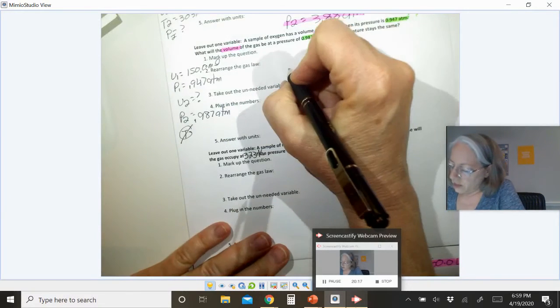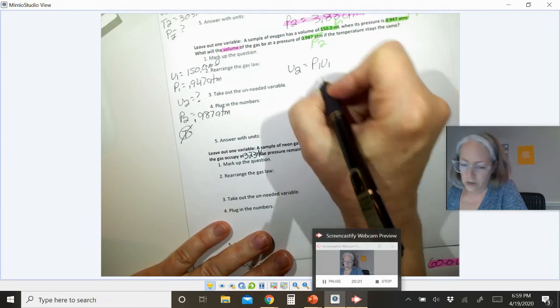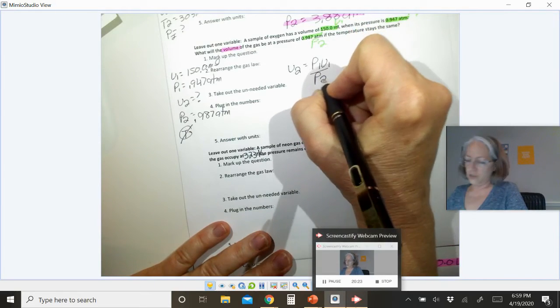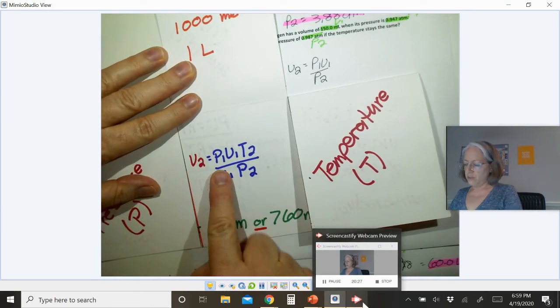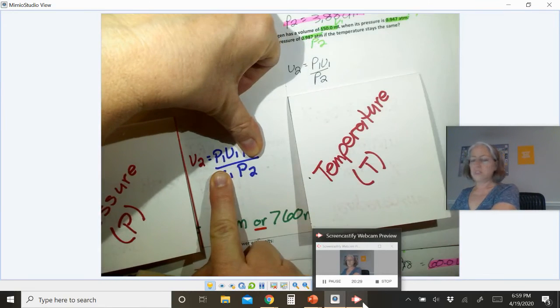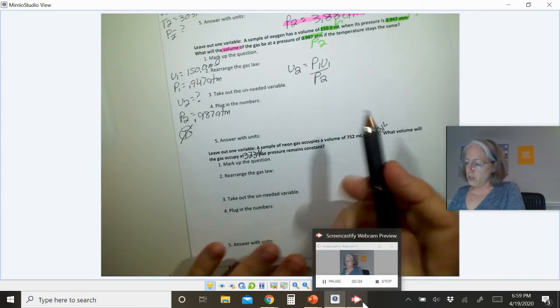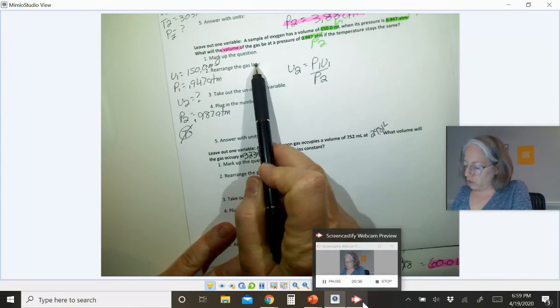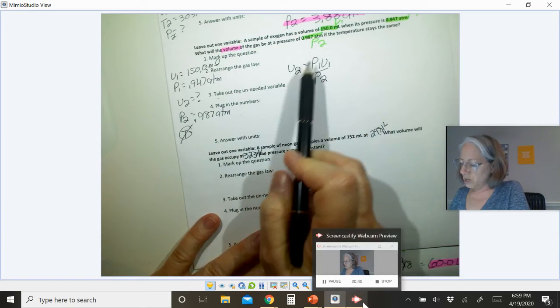So the V2 is P1 V1 over P2. It's the gas law without temperature, because temperature is not changed. So we've rearranged, took out what we didn't need. Now we plug in our numbers.